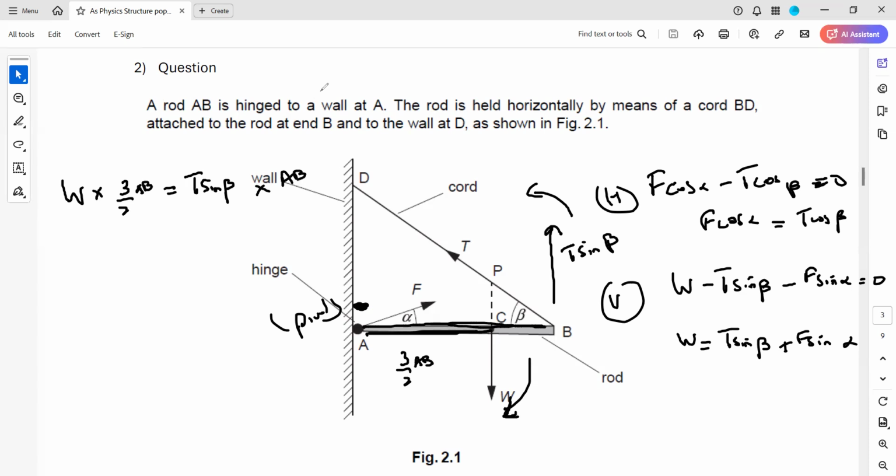Sorry, by mistake I put 3 by 2, it is 2 by 3 of AB. And it is obvious, it cannot be more than that. It is smaller, so it is 2 by 3 of AB. AB will cancel with AB. So 2W is equal to 3T sine beta. That is the relation between these two forces. Is it clear?